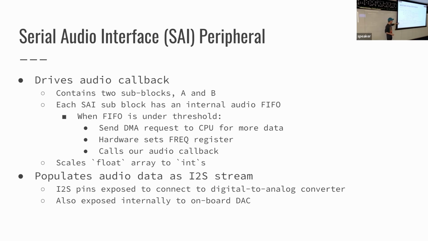You don't have to deal with the digital data so much because there's an internal connection and you can just get analog audio out. You can plug right into the speakers. But if you did have your own digital to analog converter, you could connect one using the SAI I2S interface on here, just like plugging in MIDI, and you can get wires with digital audio coming out of the thing.